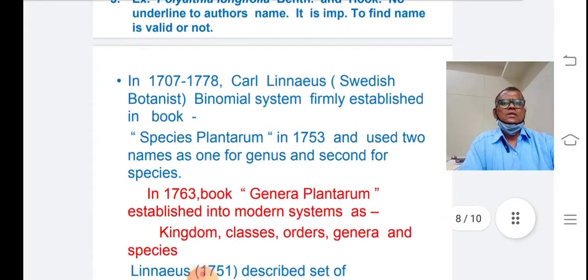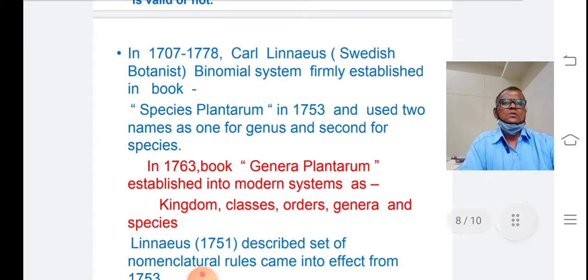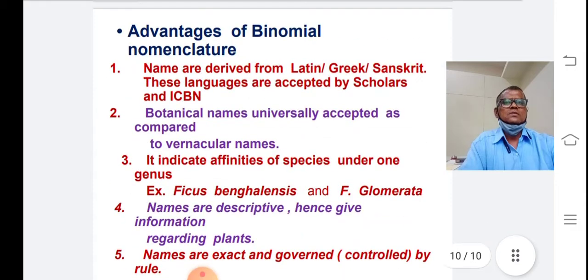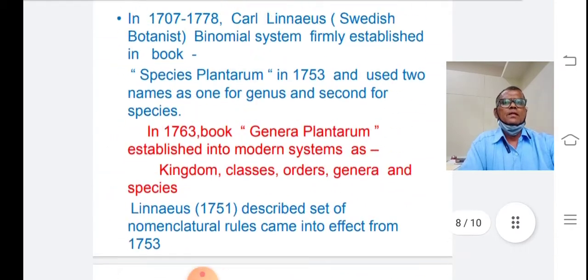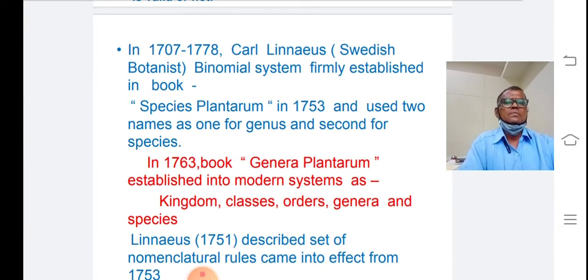Then in 1707 to 1778, Carl Linnaeus, the Swedish botanist, first gave the proper binomial system for plants, and it was established in the book, so you remember this name of the book, Species Plantarum in 1753, and used two names, one for genus and second for the species.